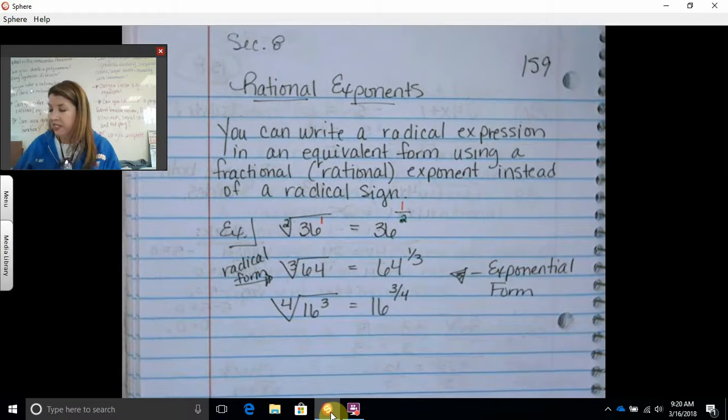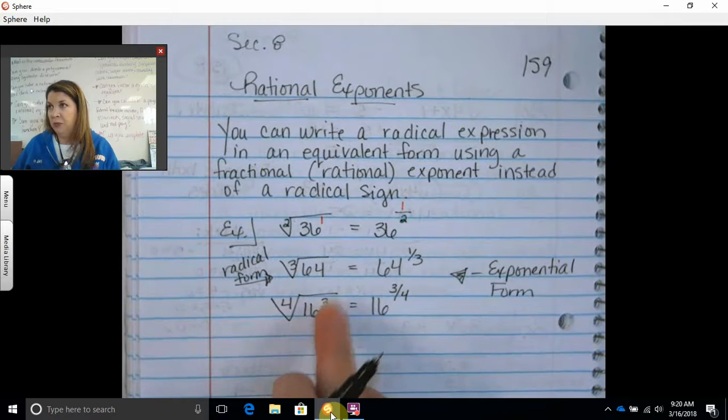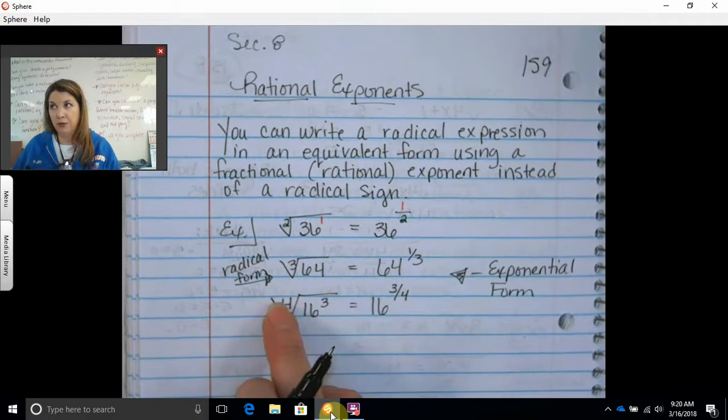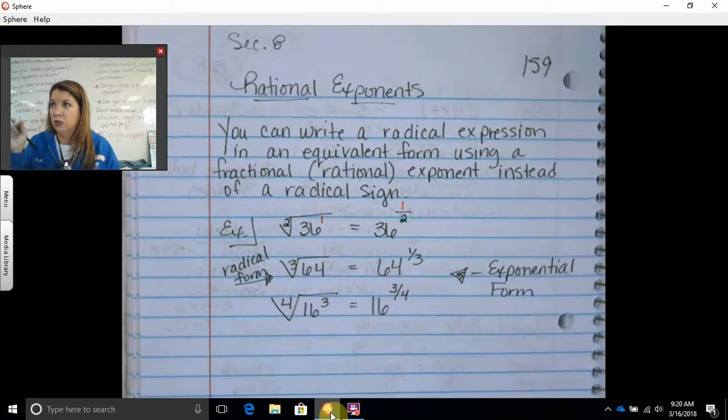Now, if I were actually simplifying this problem, you could either do 16 cubed first and then take the 4th root of that, or you could take the 4th root of 16 and then cube it. It doesn't matter which order you go as long as you do both things, okay?